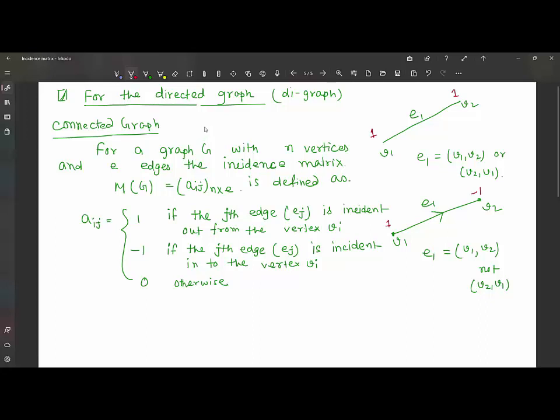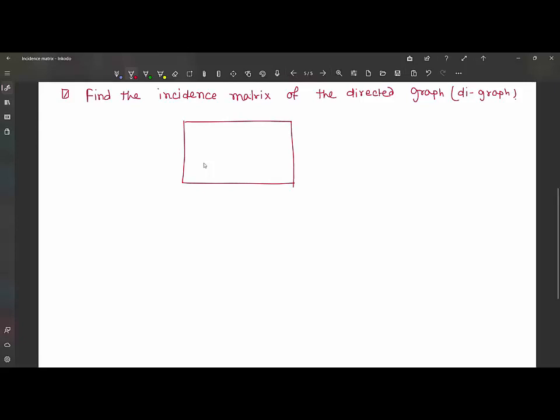Now take one simple problem. Find the incidence matrix of the directed graph, and this is the graph, suppose. We are giving some directions here.